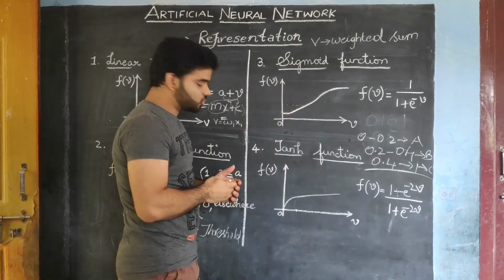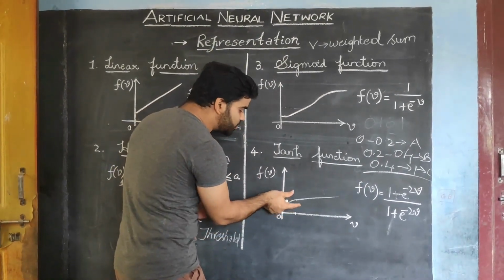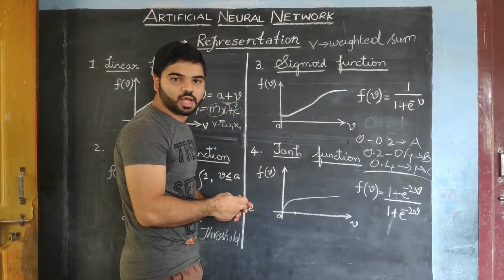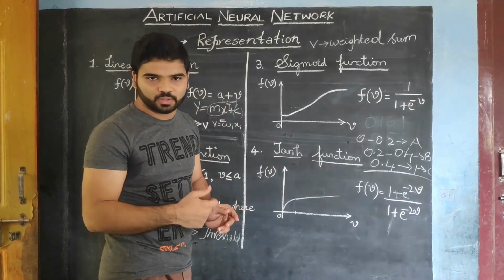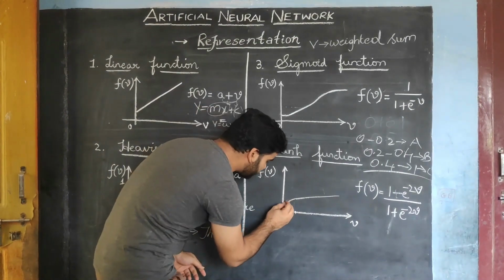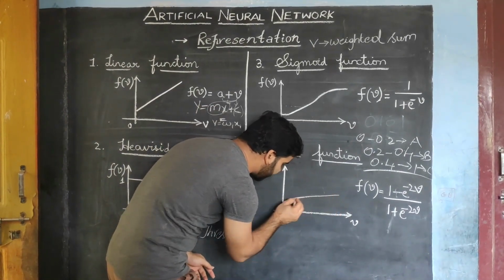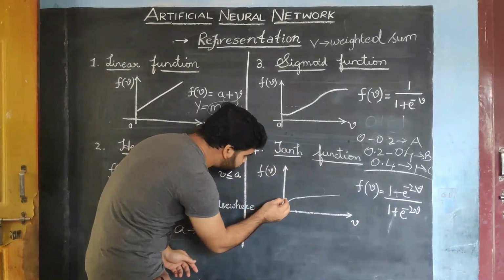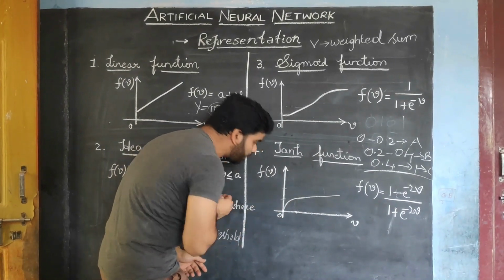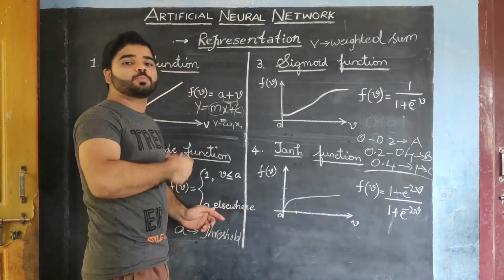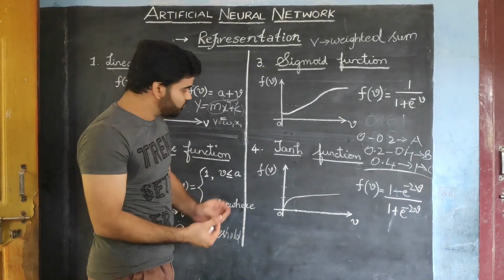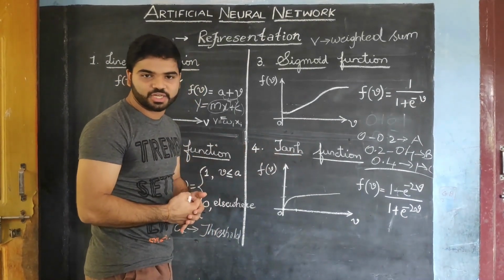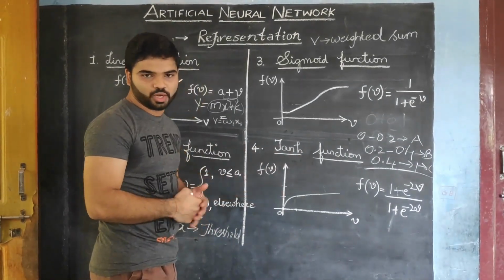So, the most probable values that you get in this tanh function are 0.9 to 1. As you are able to see, the line is occupying more space between 0.9 and 0.1. So, the most probable values that you will be getting while using the tanh activation function are 0.9 to 1.